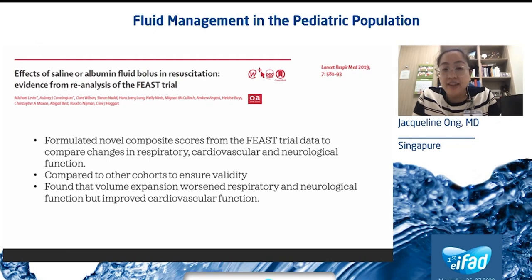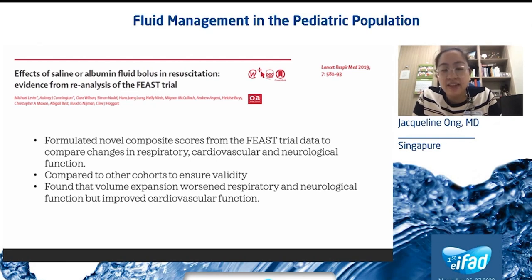They formulated novel composite scores from the FEAST trial to compare changes in respiratory, cardiovascular, and neurological function. And they compared to other cohorts, one cohort in Malawi with malaria, as well as another cohort in London, to ensure the validity of these scores.